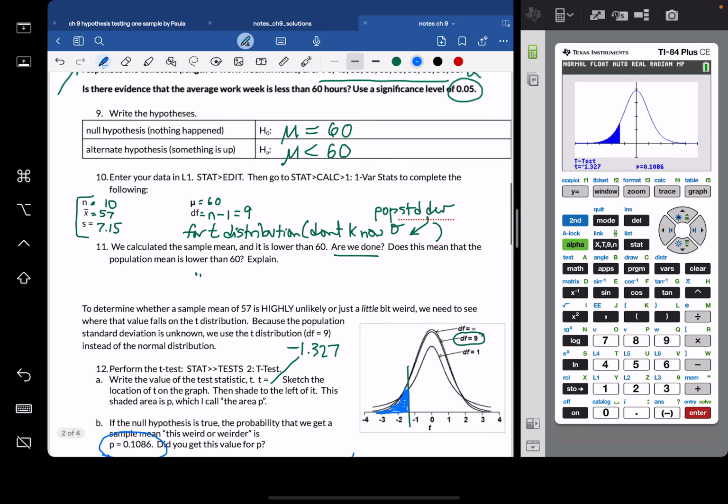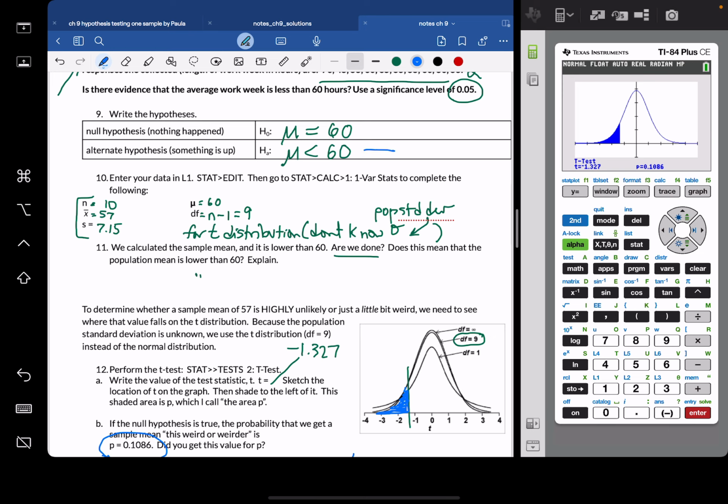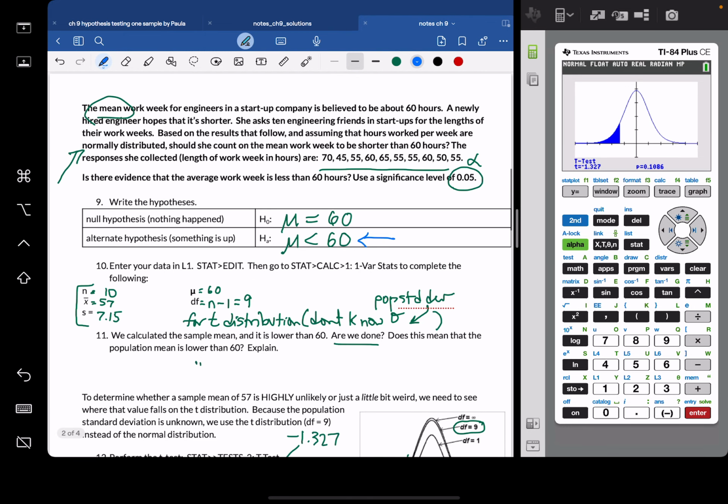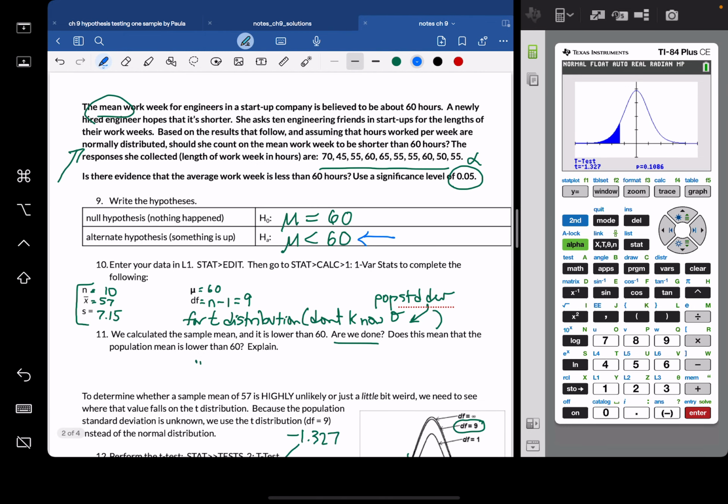So our alternate hypothesis, here it is, was mu is less than 60. And remember that what we're talking about here is the mean, the population mean hours of work in a week. The length of the work week in hours for the entire population.